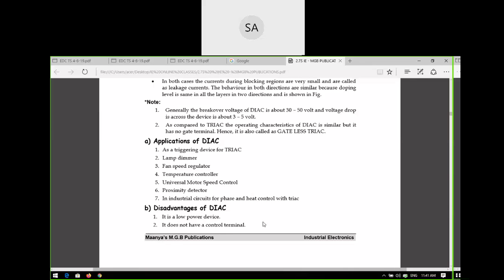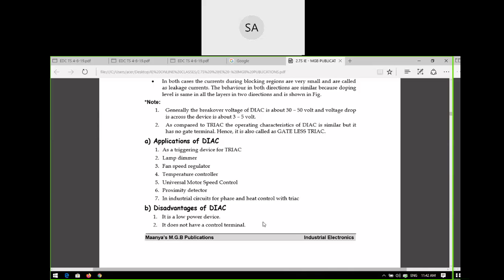That means for dimming purposes, the brightness of the light will be changed by connecting the DIAC. Or a TRIAC is also used for dimming of the lamp.